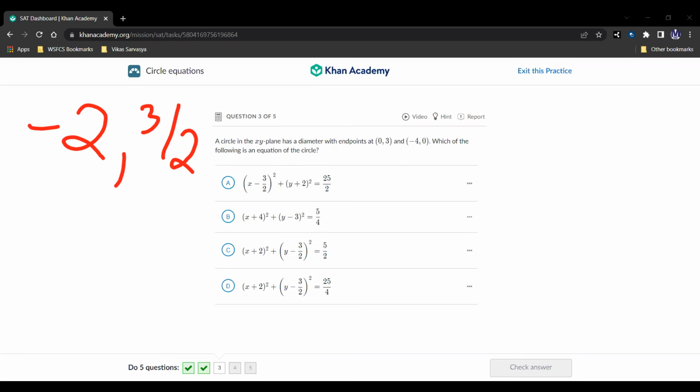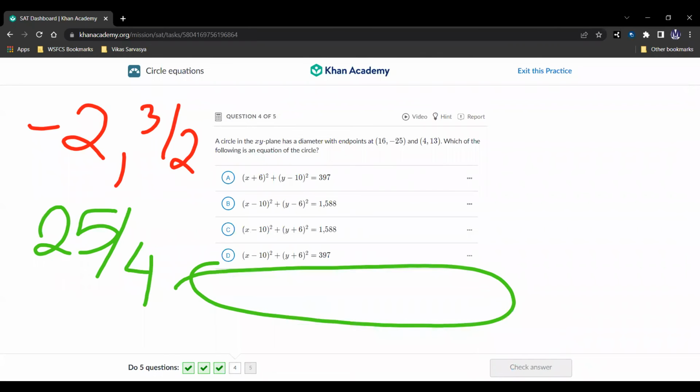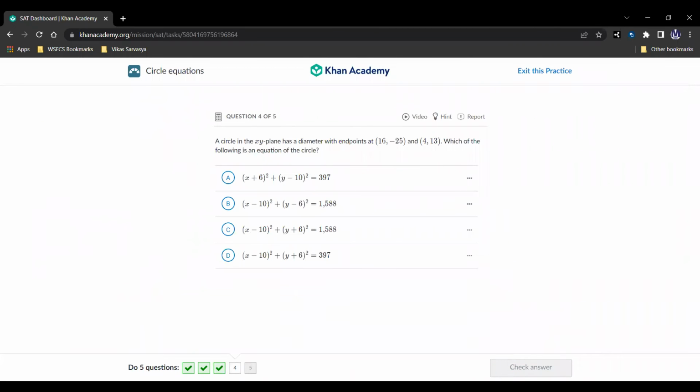The diameter is 5, so the radius is half of that, which is 5/2. You square 5/2, then you get 25/4. So it should be this answer choice D right here.